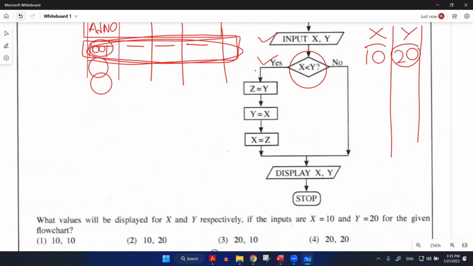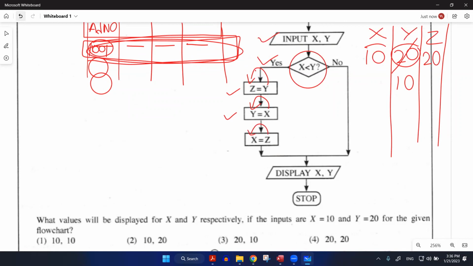In the yes part, it says assign the value of y to z. So there is another variable called z, and it takes the value of y, 20. Then it says assign the value of x to y, which means 20 is gone and now 10 is the value it takes. Then assign the value of z to x.